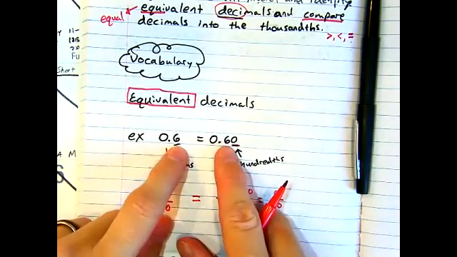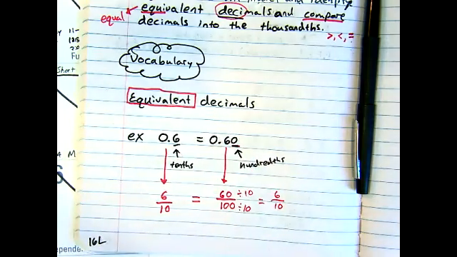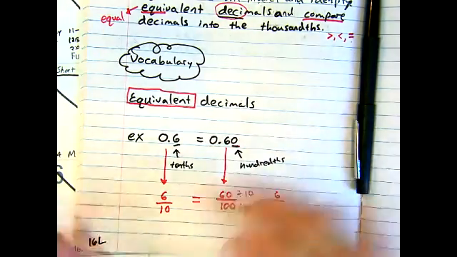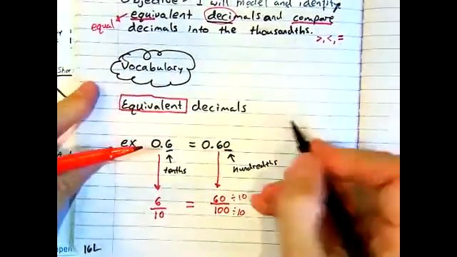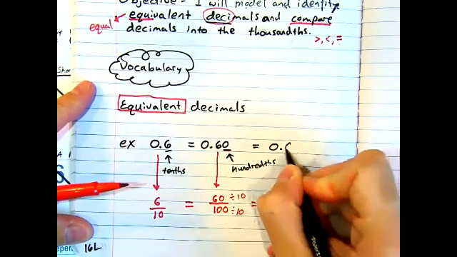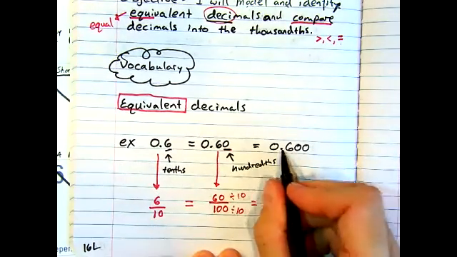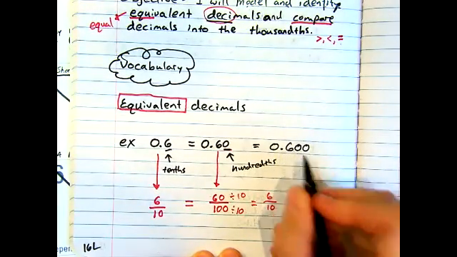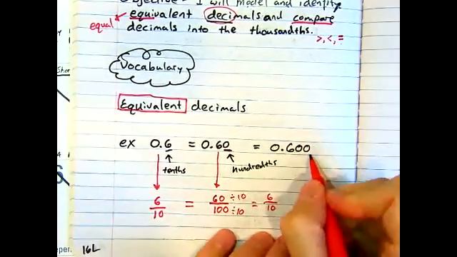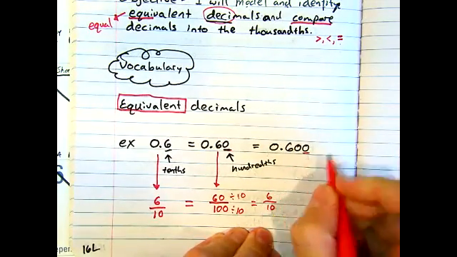They both have a 6 in the tenths. They have nothing in the hundredths. They are equivalent. Let's go one step further, and I might run out of space. It is also equal to 0.600, or as we say it in 5th grade, 0 and 600 what? That's right. This 0 is in the tenths, hundredths, thousandths place.